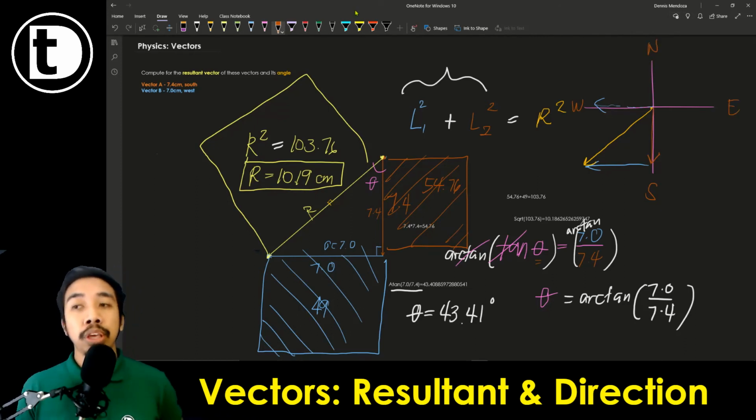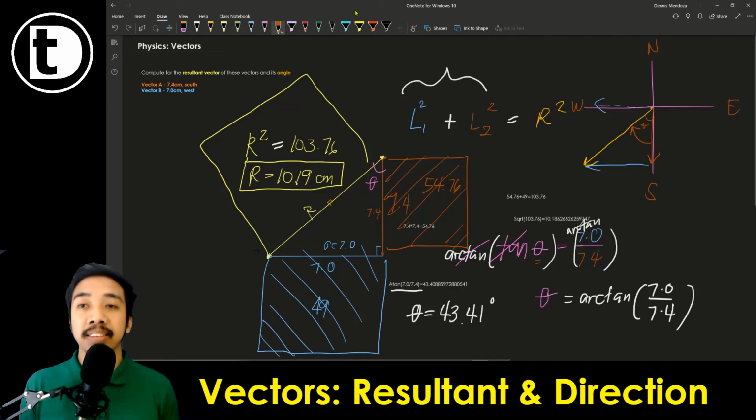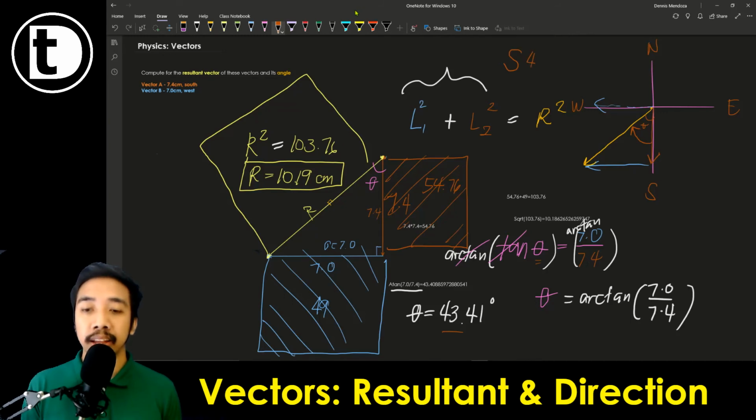If we figure out the angle here, we can write it, starting from here. So, south. You can write the direction as south, write the angle, which is the 43.41, because that is the enclosed angle. That's the theta.